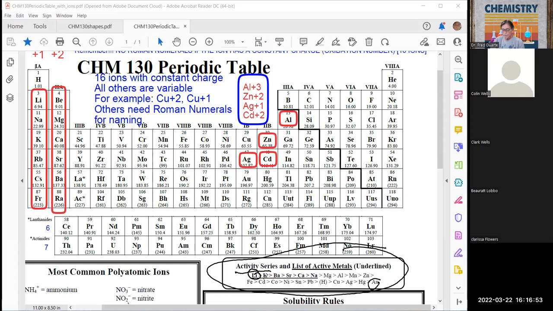Lithium is more reactive than potassium, than barium, et cetera. All of these are relative to hydrogen gas, H2, or water. Depending on the position of the metal in the activity series, that will determine whether a reaction will proceed or not.